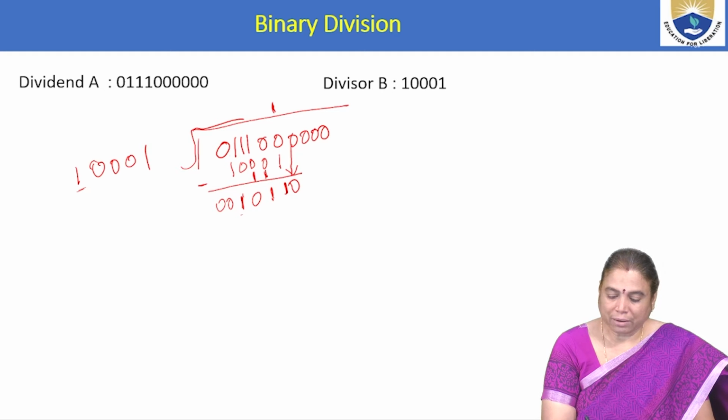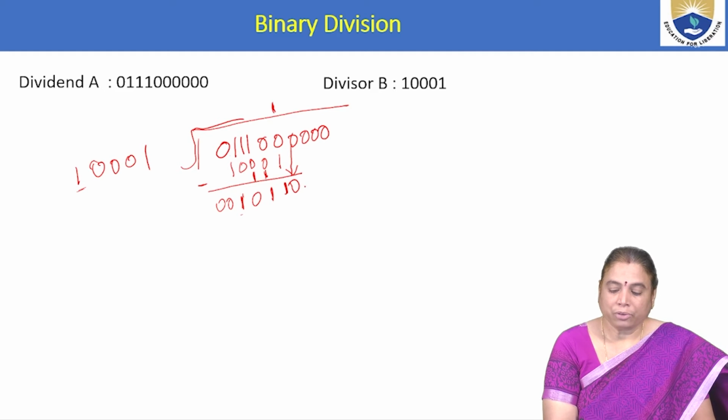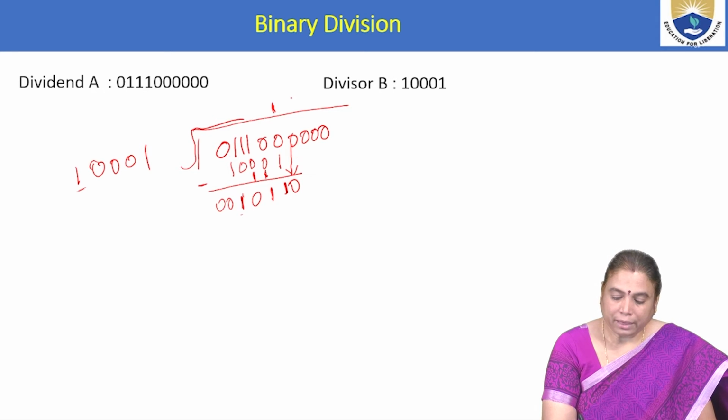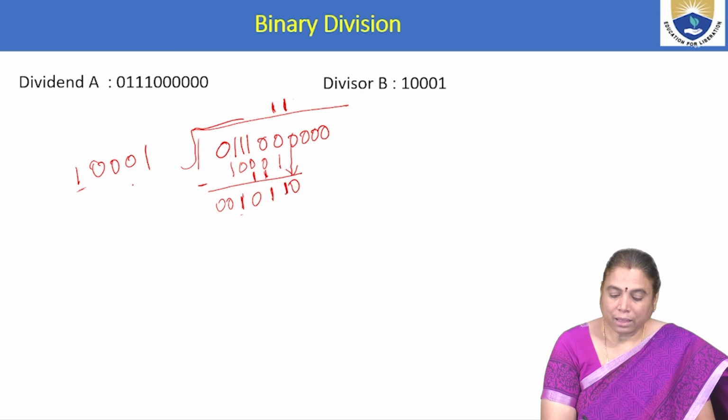These 5 bits are considered and a comparison is made. Here, 3 ones are available in the dividend, in the second, third and fifth positions, but in the divisor only in the first and fifth positions. So the dividend is greater, and we write a 1 here and copy the divisor value.